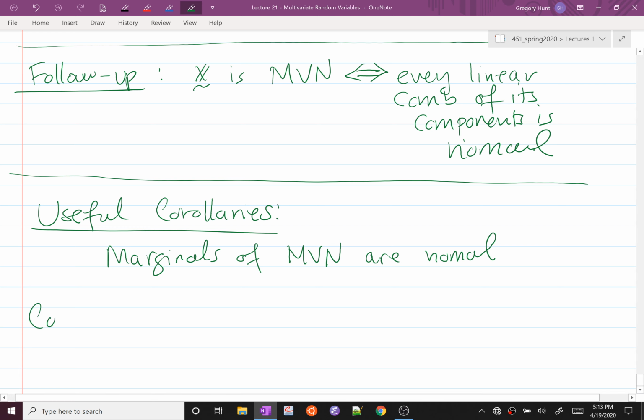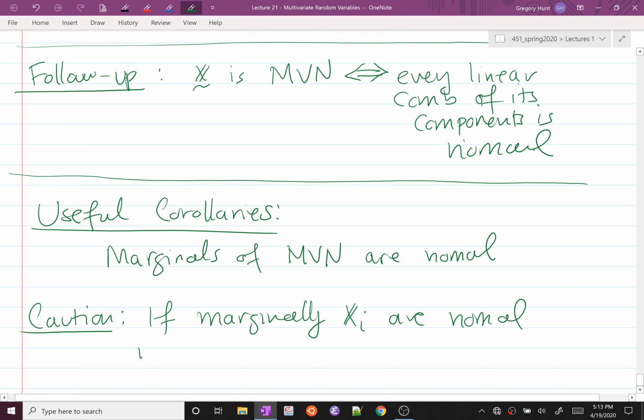The caution is that if marginally the x sub i are normal, there's no guarantee, unless we know some other information, that jointly they are normal.